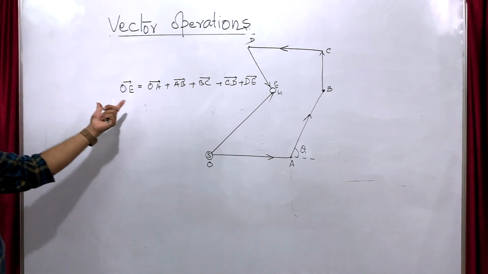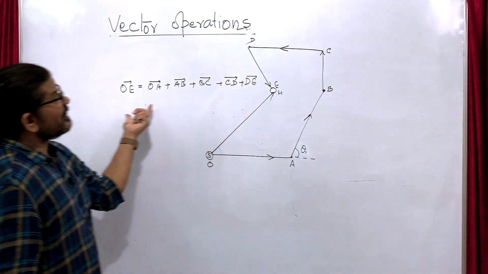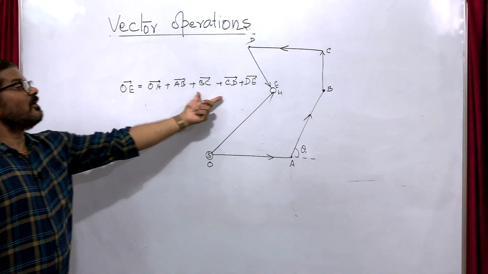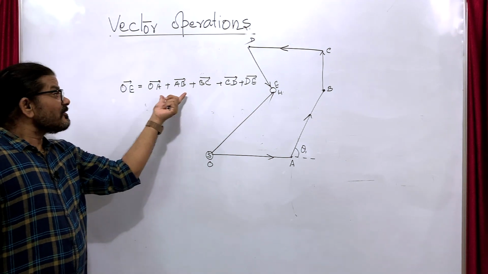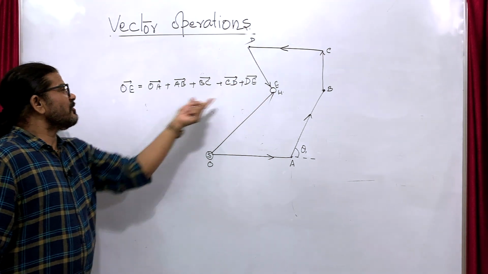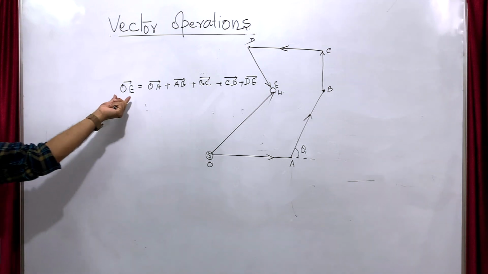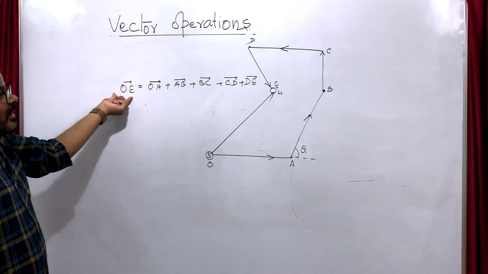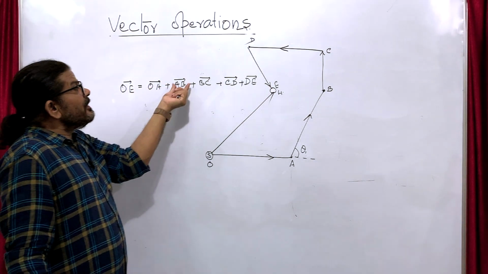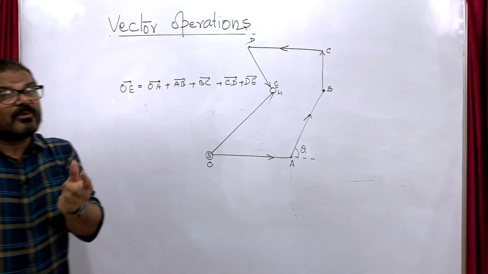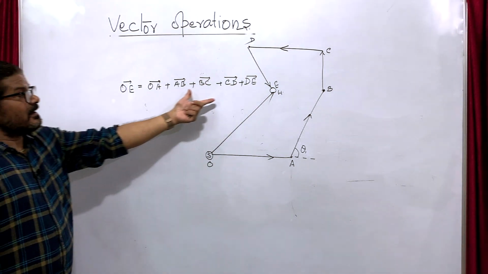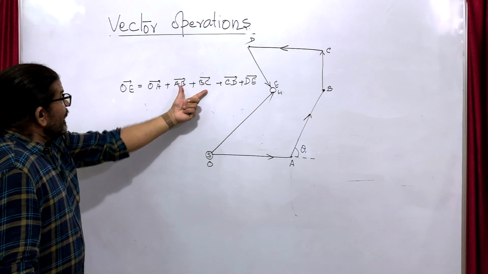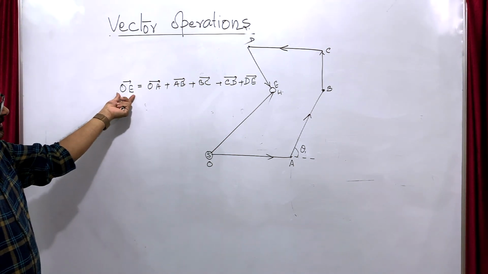Now see, simply how we can write vectorially the summation of different components of a vector. So here OE is the resultant, and OA, AB, BC, CD, DE are components of the vectors, and this is the resultant.